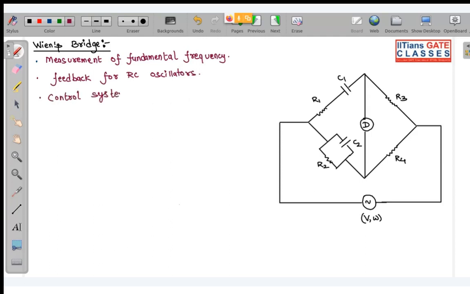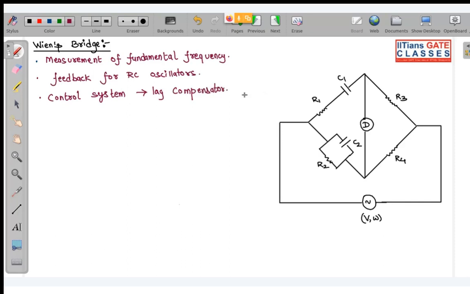Once again we are going to see this Wayne's bridge in your lag compensator. Now what is this lag compensator? At that time we are going to discuss. At this moment just keep it noted. Later on we are going to see.